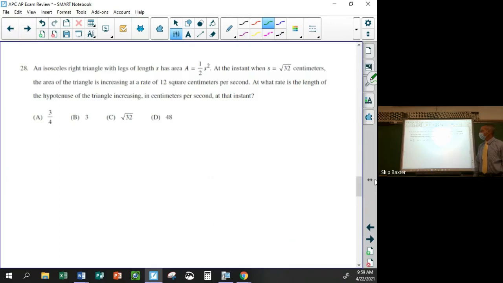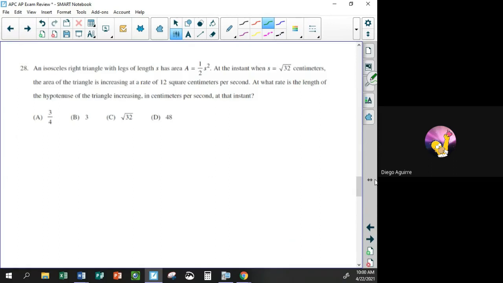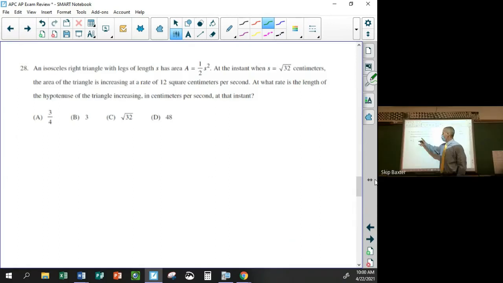H is equal to S. I don't know how I would make an equation relating the hypotenuse to the sides and then take the derivative of that equation. Okay, they tell you it's an isosceles right triangle.